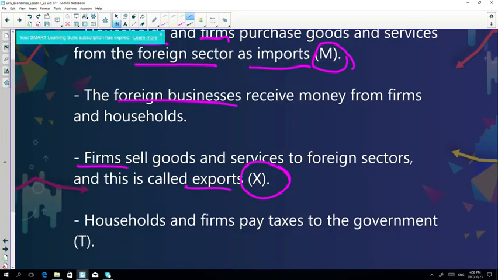Then moving on to our next point, the households and firms pay taxes to the government in order to receive public goods, which we chatted about earlier on. The public goods play a very important role in the economy, because without them, it would be a crisis. Imagine if we didn't have access to public schooling, public healthcare, and the police services that we've got.